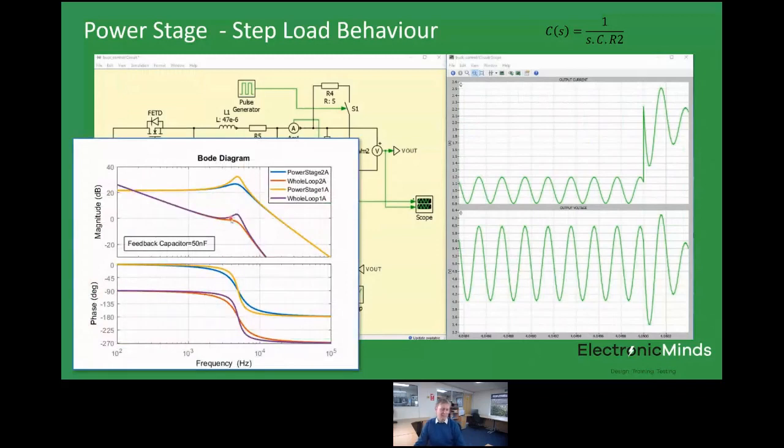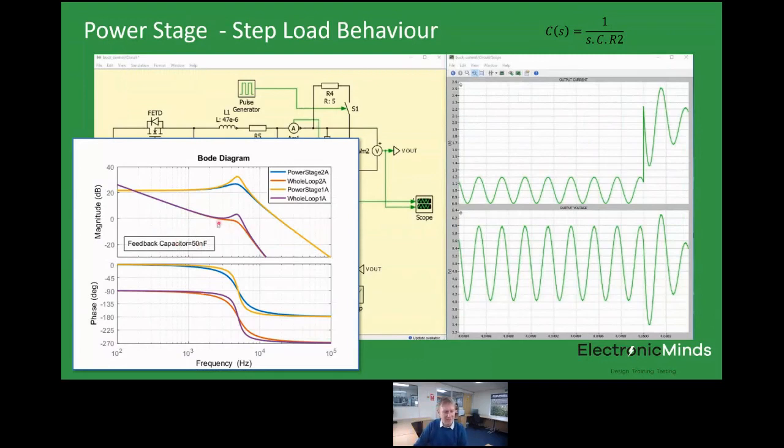The reason that happens here, with the feedback capacitor down at 50 nanofarads, is that it has essentially increased our loop gain. Remember, when we had 100 nanofarads, we were crossing that loop over at 1 kilohertz. By reducing the feedback capacitor to 50 nanofarads, it increases that whole integral gain.